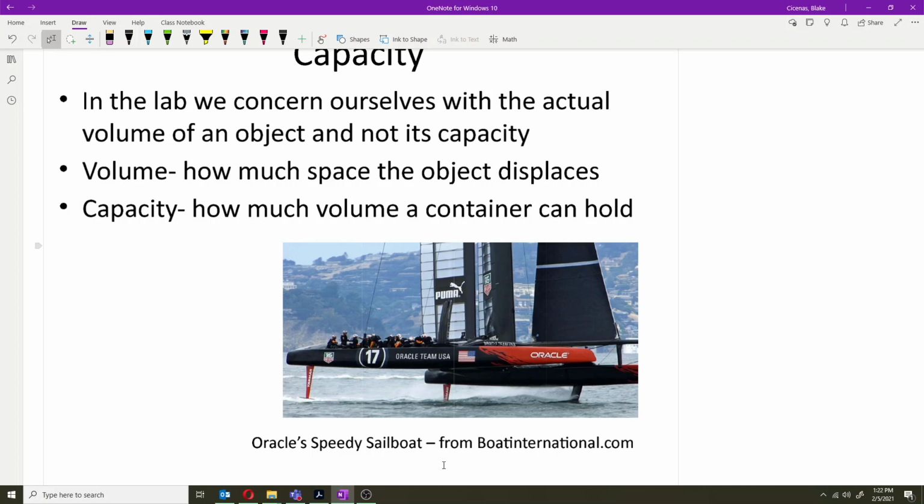It's a sailboat, and normally, when it's just sitting without moving, it'll be at the very bottom right here where my cursor is. But as it gets faster, it's designed to pull up and rest on these little skis, which then lowers the friction with the water.